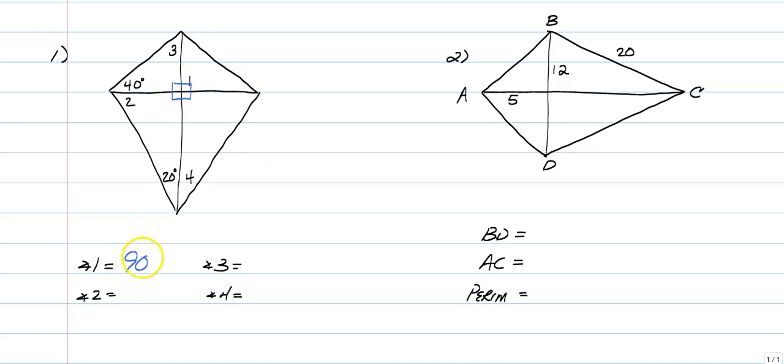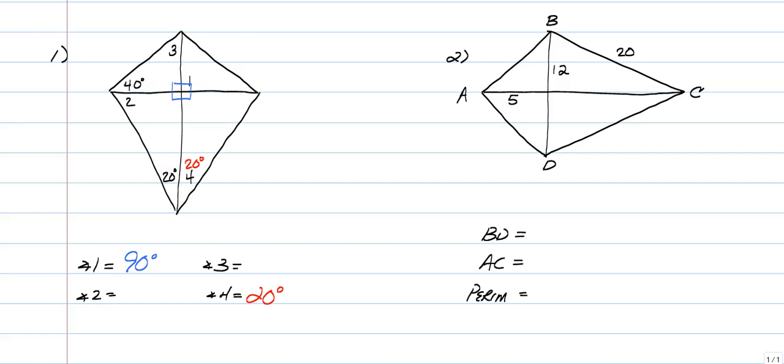So angle 1 is 90. Another thing that you can do is look at any opposite angles that can be bisected. So this guy is definitely going to be 20. 3 is not 20. This is not a rhombus. So angle 4 is going to be 20 degrees because of the opposite angles that get bisected.